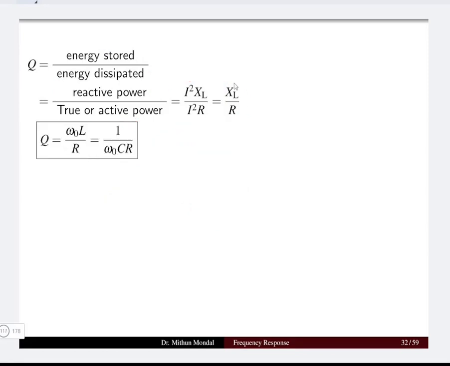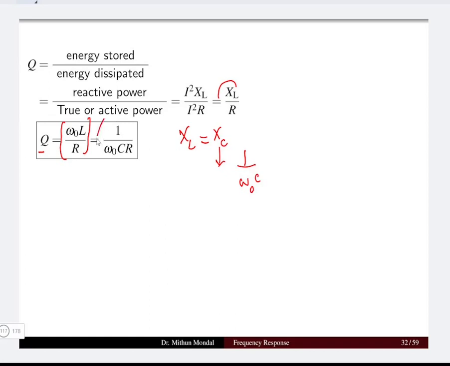Now, if I put the value of XL as omega naught L, then we get omega naught L by R as the quality factor. Otherwise, in terms of the capacitance, we know that XL is equal to XC under the resonance condition, and XC is equal to 1 by omega C, and under the resonance condition we put omega naught.